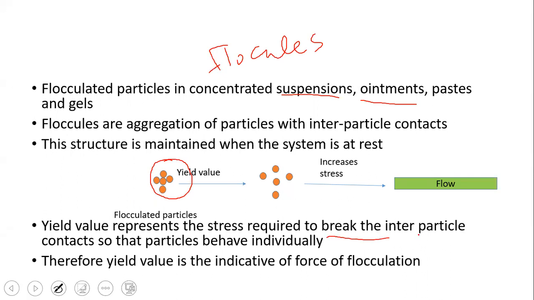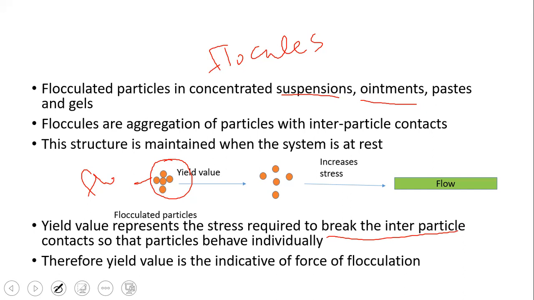The stress breaks the interparticle contact so that the particles behave individually. Once the yield value is attained, when the energy we supply externally is equal to the yield value, it breaks the interparticle contact so that the particles behave individually. Then with further increase in stress, flow of that material occurs.